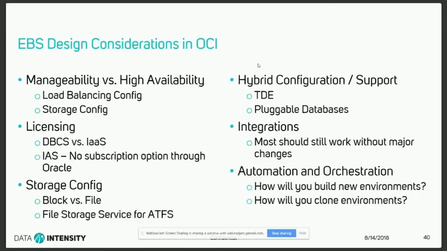From a licensing perspective, looking at database cloud service versus infrastructure as a service, given that there was no internet application server subscription option through Oracle, they were limited from an application perspective. They did wind up buying some more licenses for application server to support that requirement, but it was much less expensive than what it would have been had they had to buy both application server and database server licenses.